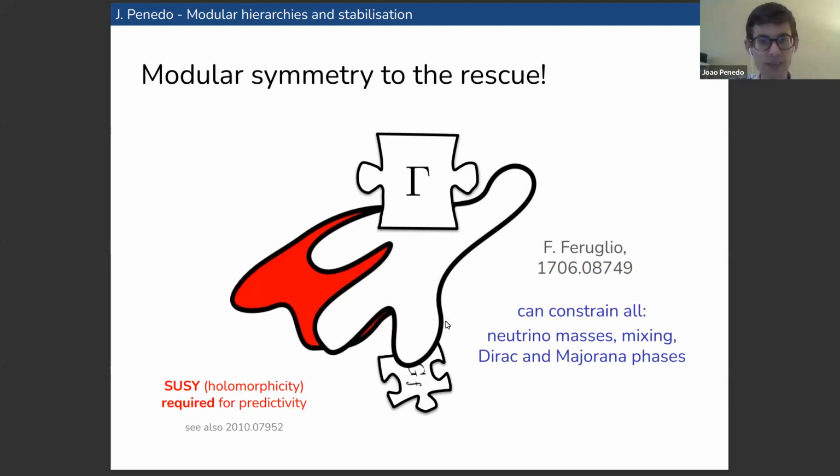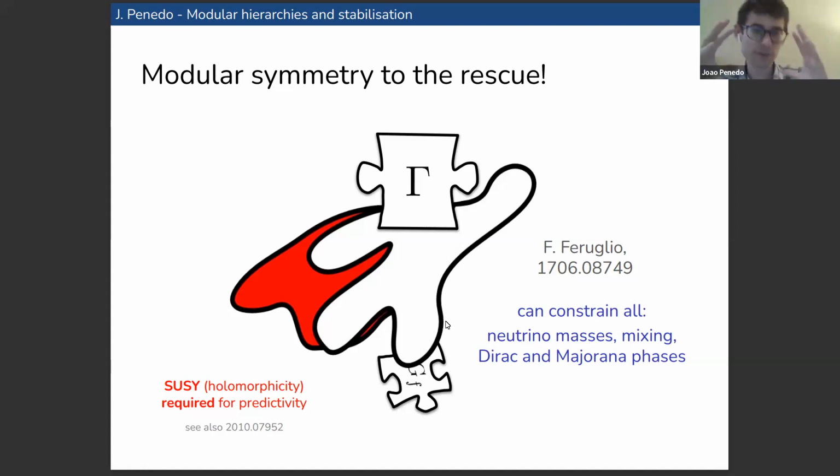This approach to the flavor was proposed by Feruglio in this paper 1706, based on some results that were already known in the string community. And the point is that with these symmetries, you can get into a situation where you are so restricted that it's not just the mixing you constrain, it's the masses, and not just the Dirac phase, but also the Majorana.